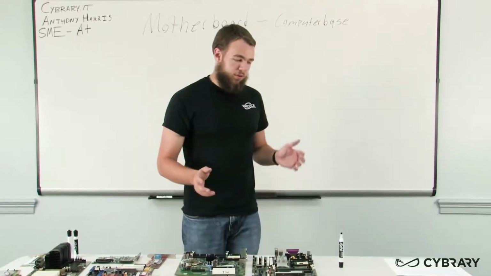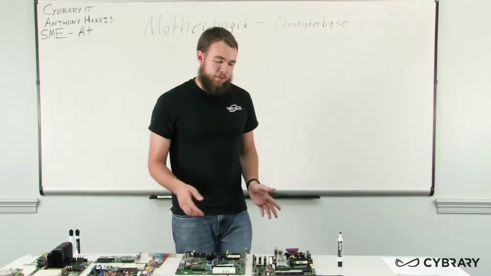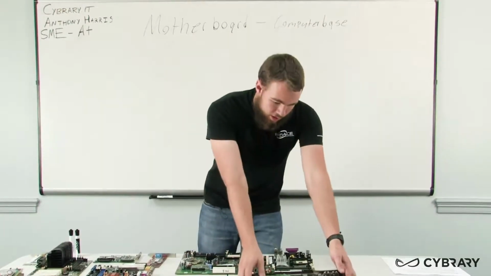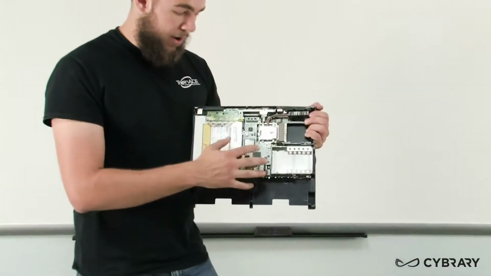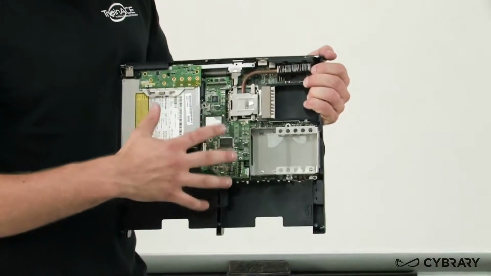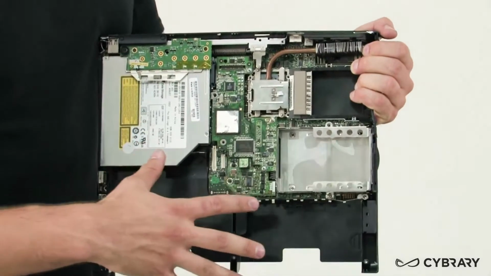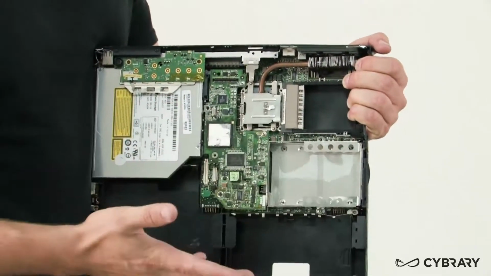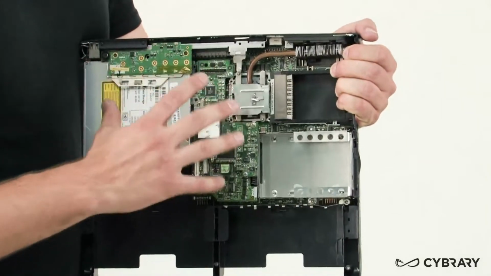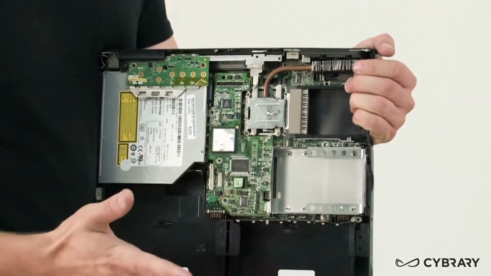We usually don't try to memorize all of the different form factors for say laptop computers, because laptop motherboards are built very specifically for the exact make and model laptop that they're in. Because laptops are designed to be small and very mobile, the motherboard sort of has to work around everything else.